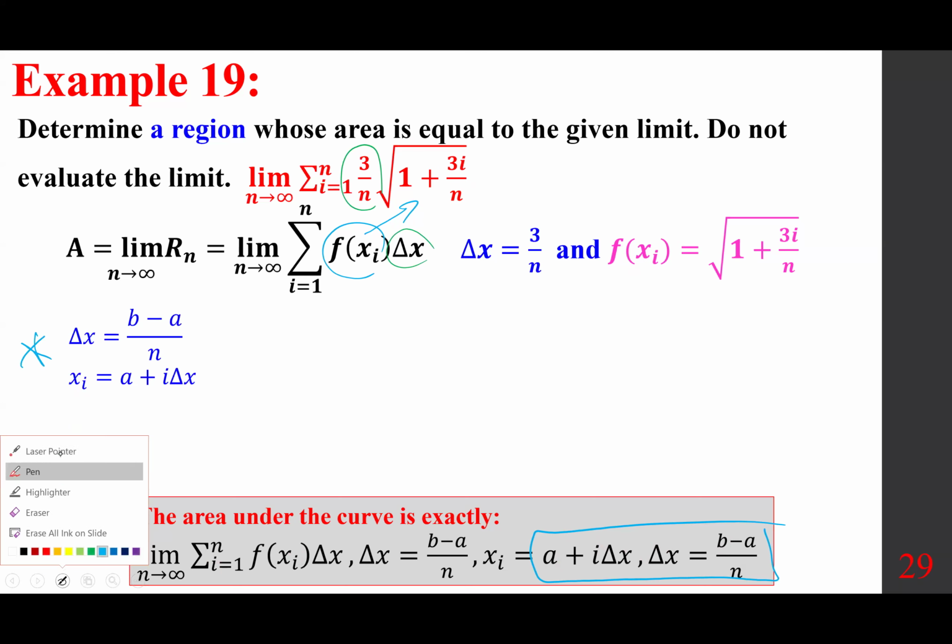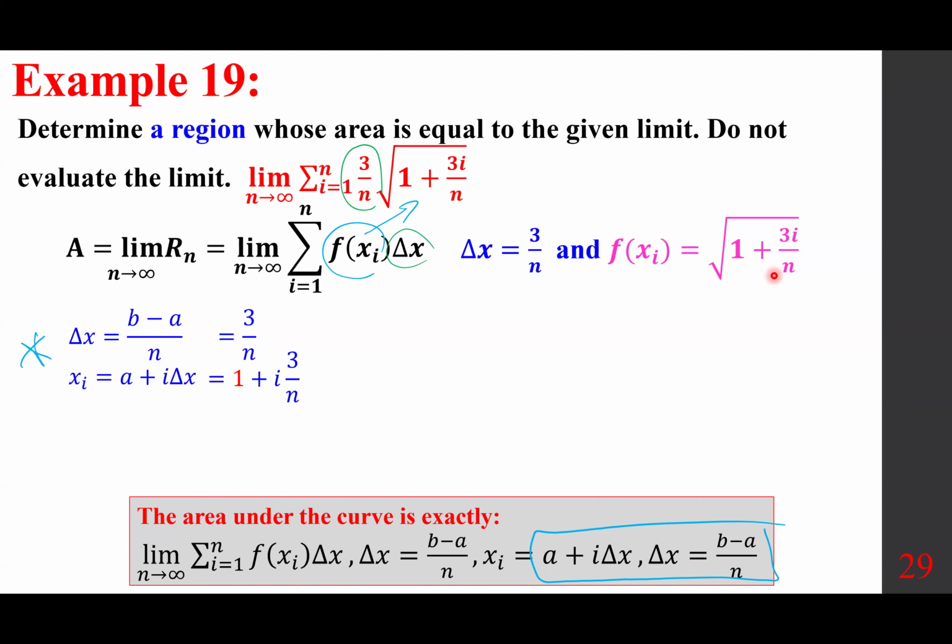And now, what is delta x? 3 over n. What is a plus I delta x? So let's write this. This is 3 over n. This is 1 plus 3i over n. A plus I delta x, right?